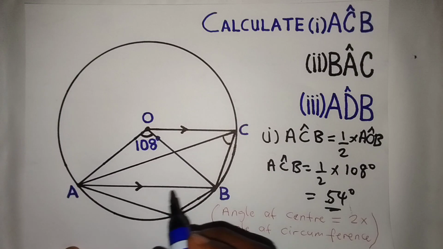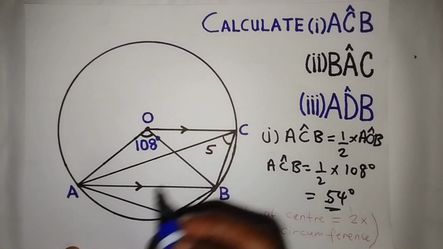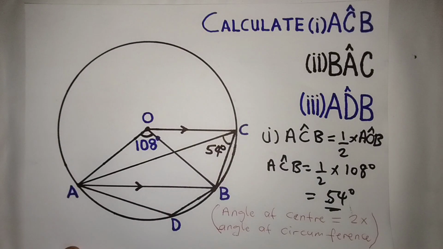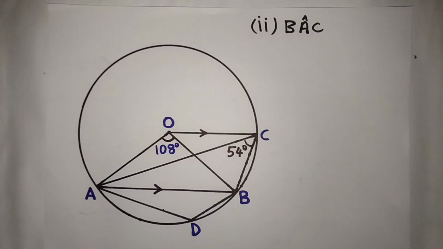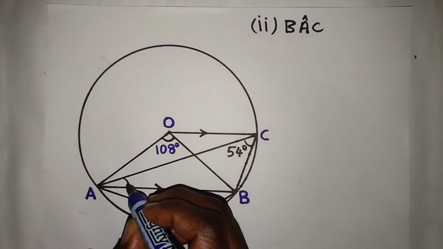Let me write on our diagram the size of angle ACB, that's 54 degrees. Let us proceed and find the size of angle BAC. So angle BAC is this one here.